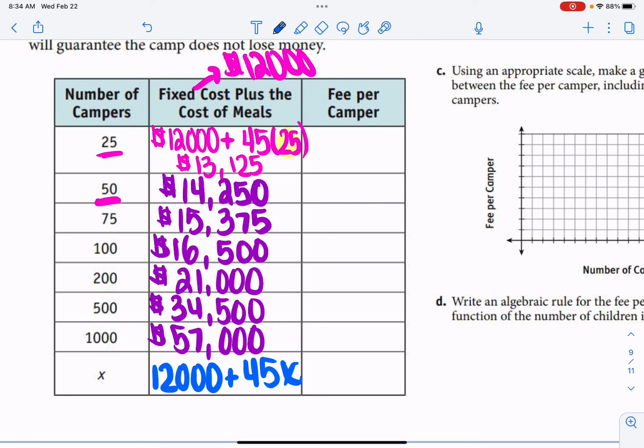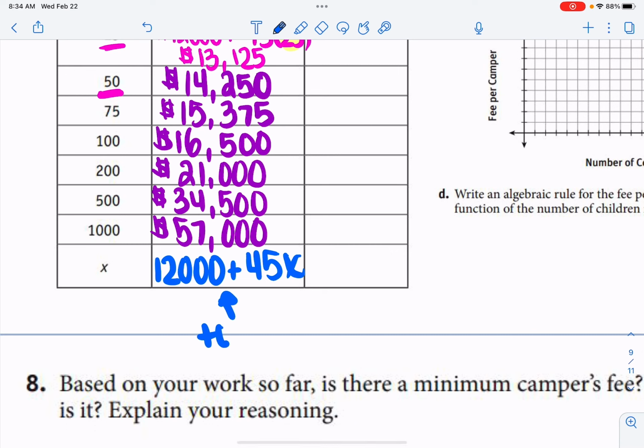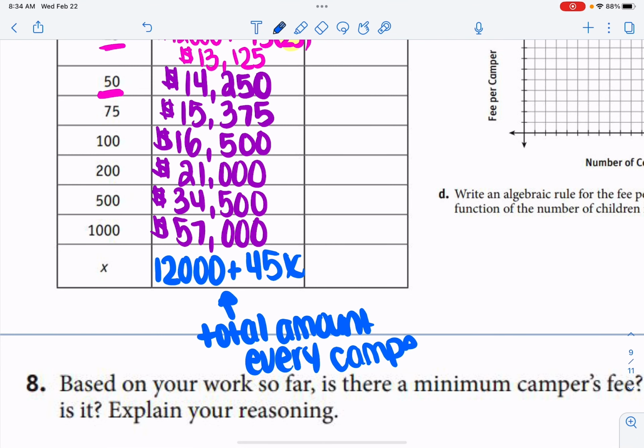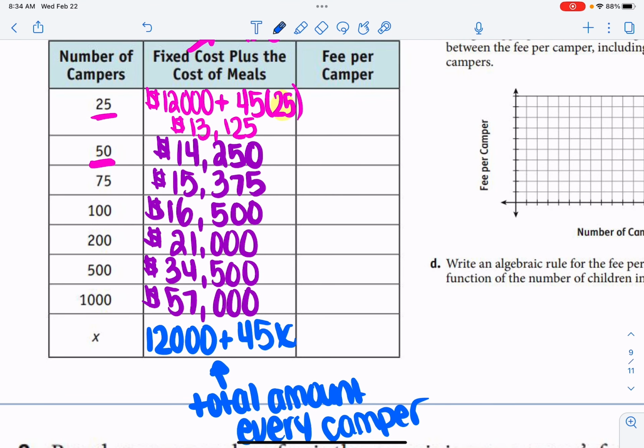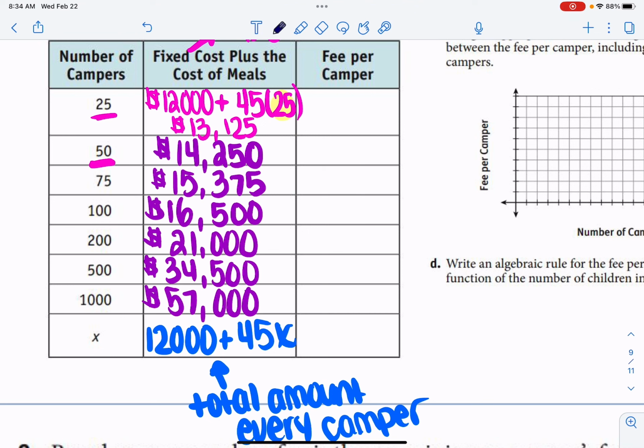Now we want to find the fee per camper. If this is the total amount for every camper, to find the amount per each camper, you simply want to take the total amount, which here would be 13,125, and divide it by the number of campers.